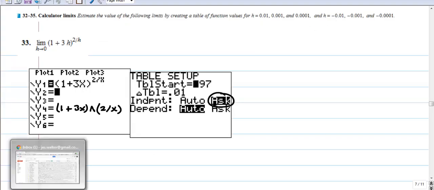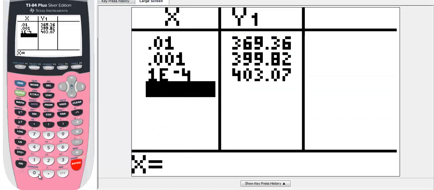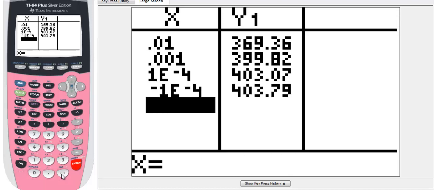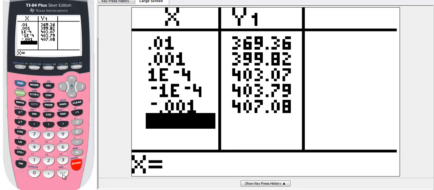So where's my calculator? So negative 0.01. Actually, let me do it backwards here. I'm going to do the closer one, negative 0.01, and then negative 0.001, and then negative 0.01.